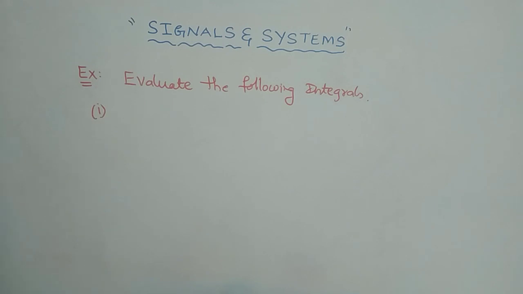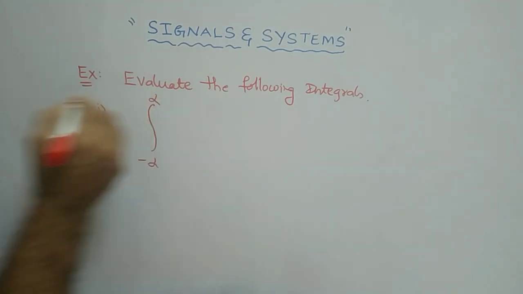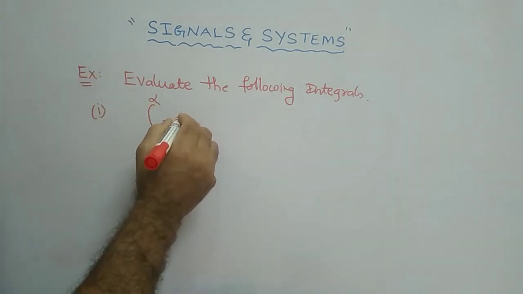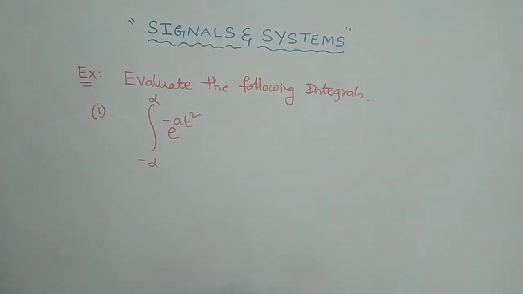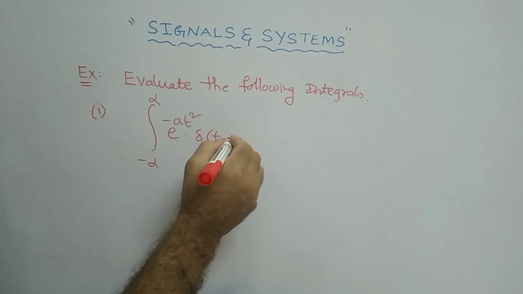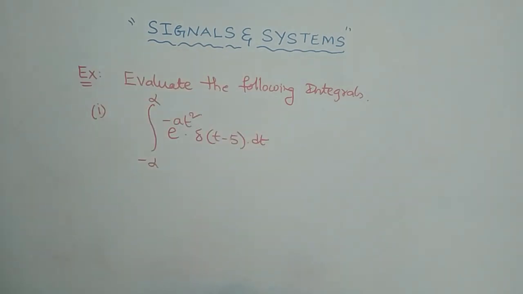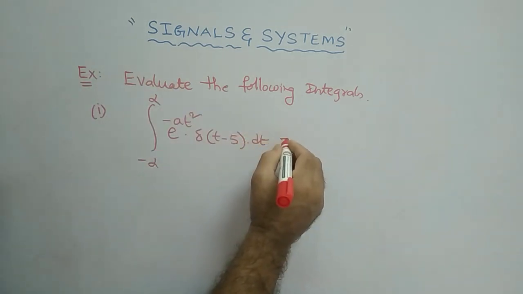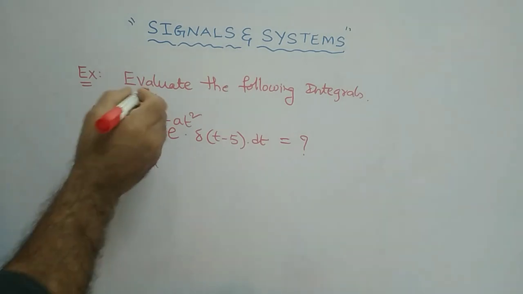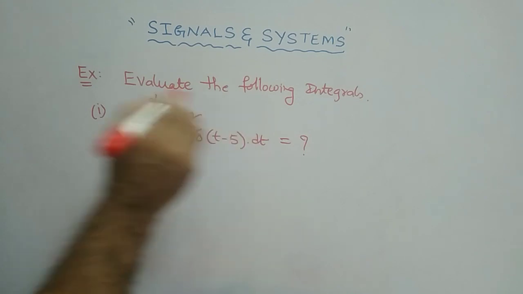So this is the integral over minus infinity to plus infinity of e power minus a t square into delta of t minus 5 into dt. Evaluate this integral. This is the given integral. How can we solve this?